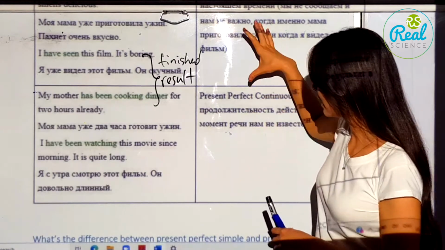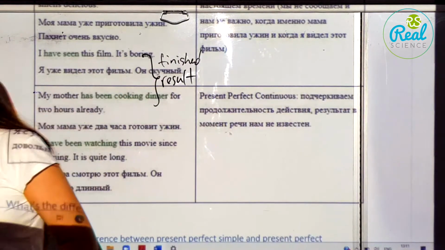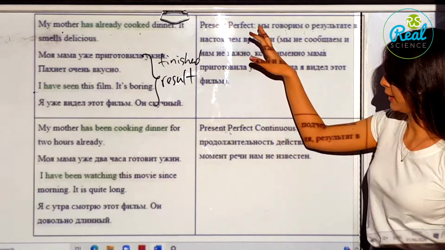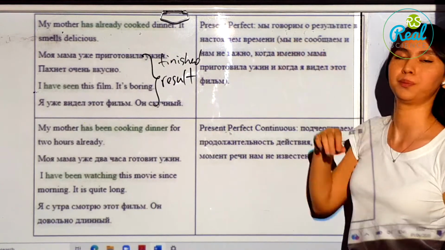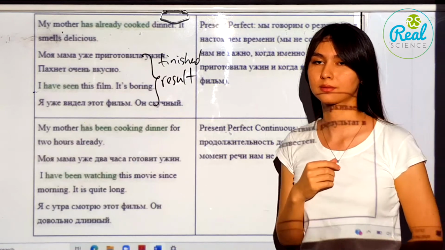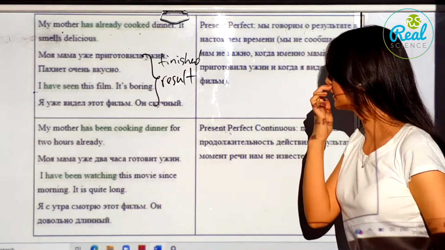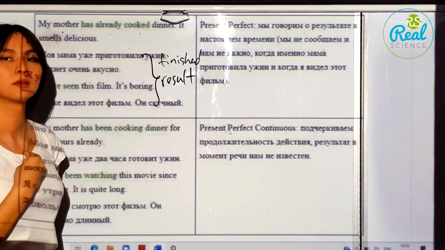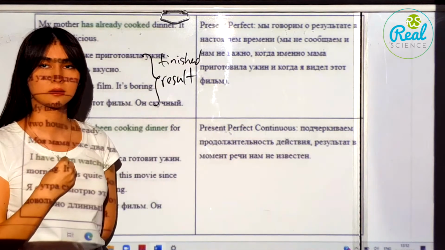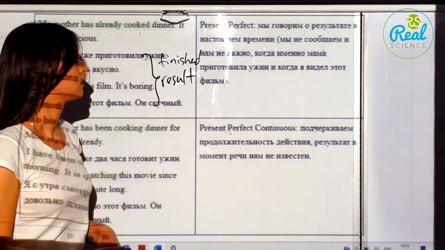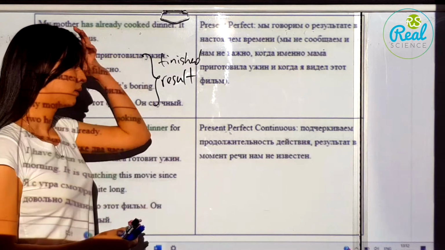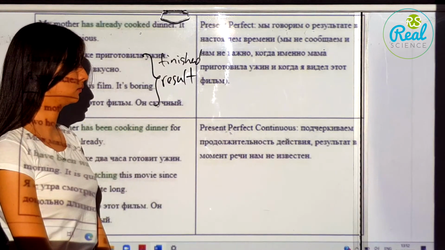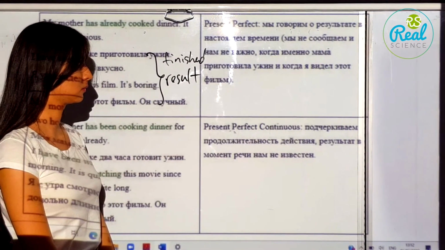Okay, nice. Now, guys, let's look at this example. These are the actual rules which explain present perfect simple and continuous form. Can you read this rule? Present perfect. Мы говорим о результате в настоящем времени. Мы не сообщим о ком, неважно, когда именно мама приготовила ужин и когда я видел этот фильм.